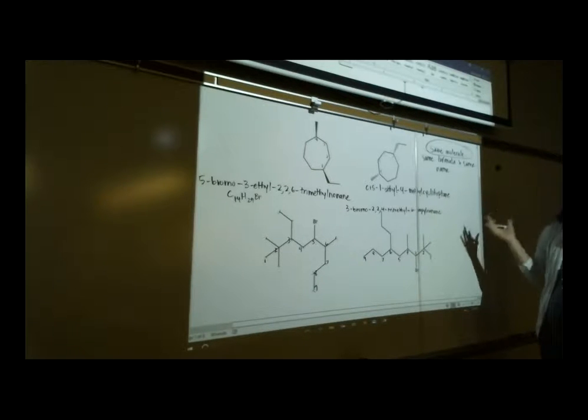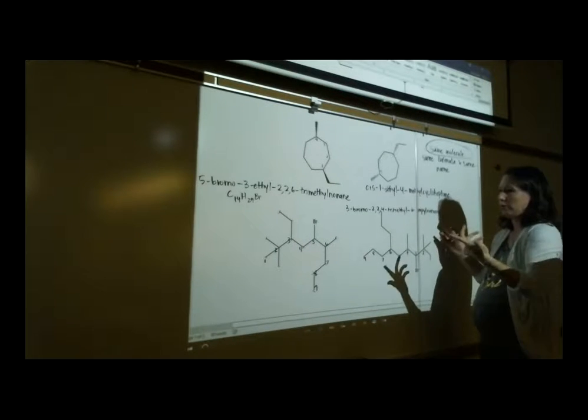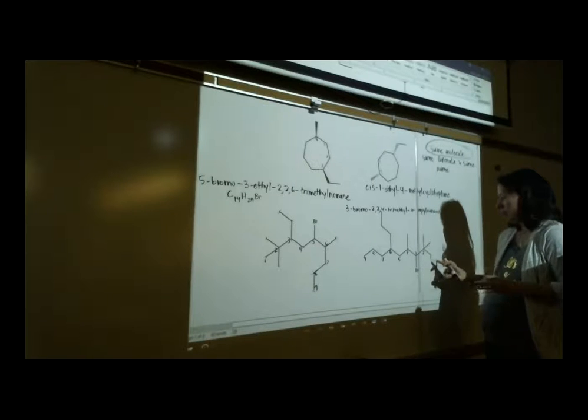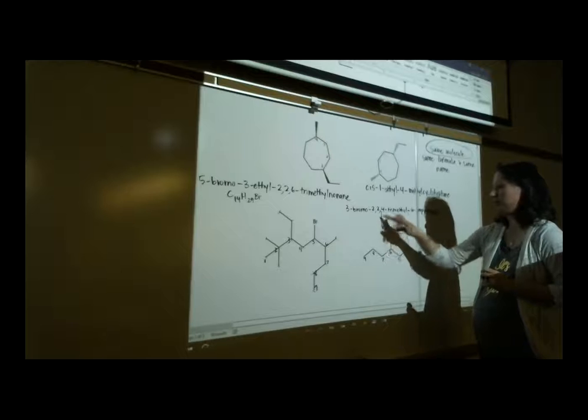Must be structural isomers. But what's the last piece of the puzzle we have to consider? You have to have the same formula to be structural isomers, right? So we can't just look at the fact that they're both nonanes, we have to count our carbons. So there are 9, 10, 11, 12, 13, 14, 15.